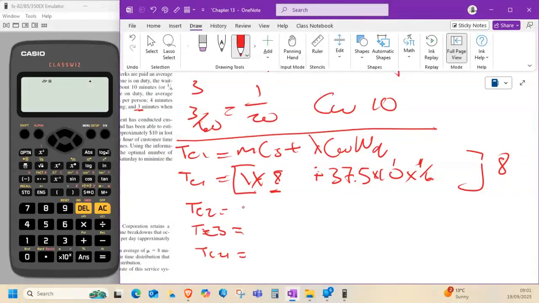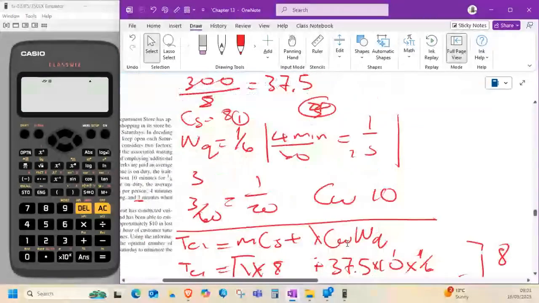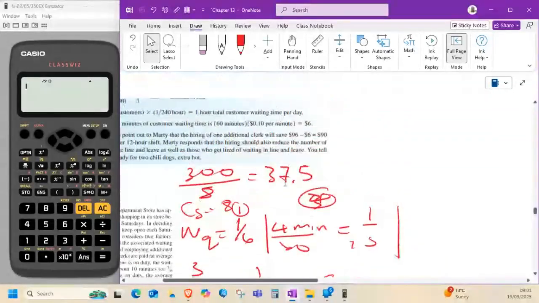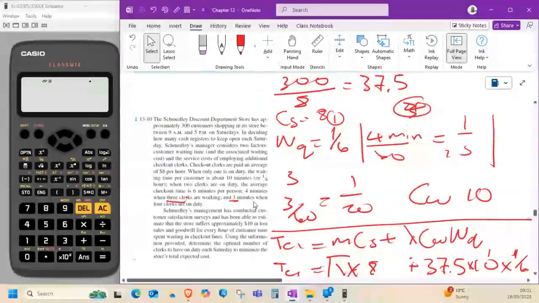So when it was 1, now it is 2 times 8 plus 37.5 times 10 times the time, which always changes again. You look at this one, it was saying 6. That's why I was confirming, why am I seeming to have wrong data?